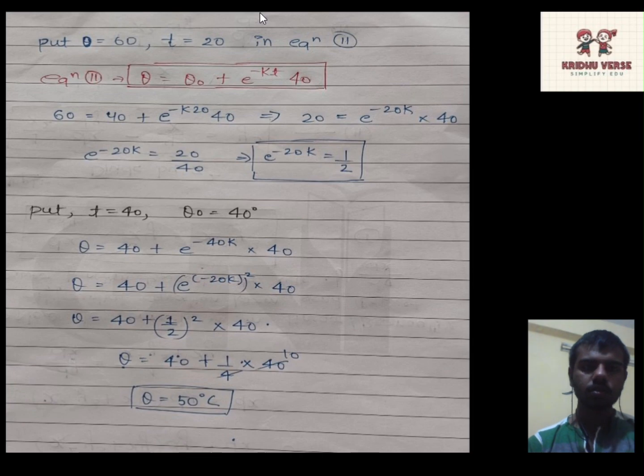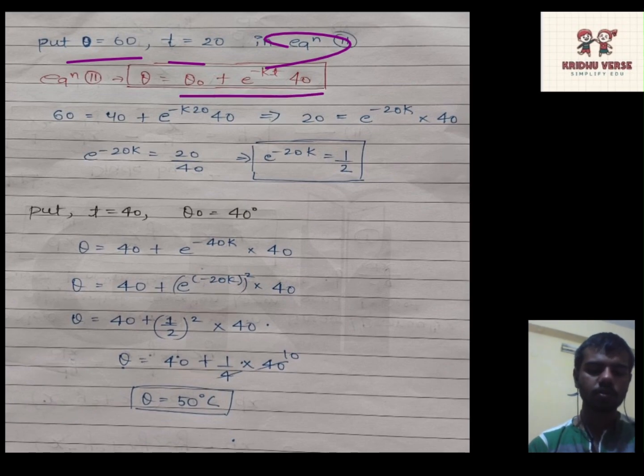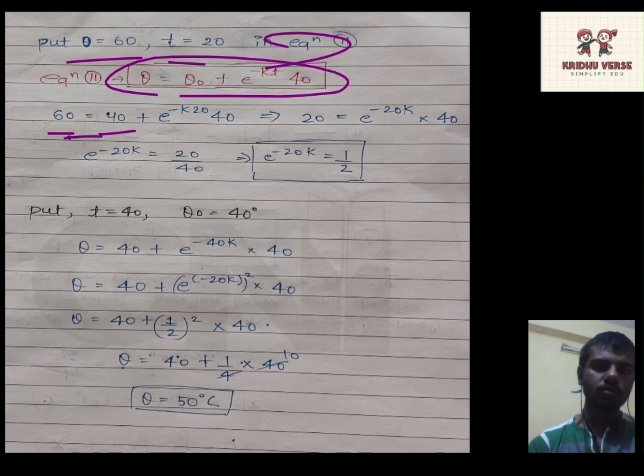Keep theta equal to 60, t equal to 20 in equation number 2. What is our equation number 2? Theta equal to theta naught plus e to the power minus kt into 40. Now we keep theta equal to 60, t equal to 20. So theta we replaced with 60, theta naught is 40, plus e to the power minus k into 20 because t here is 20, into 40. Now this 40 we send to this side.